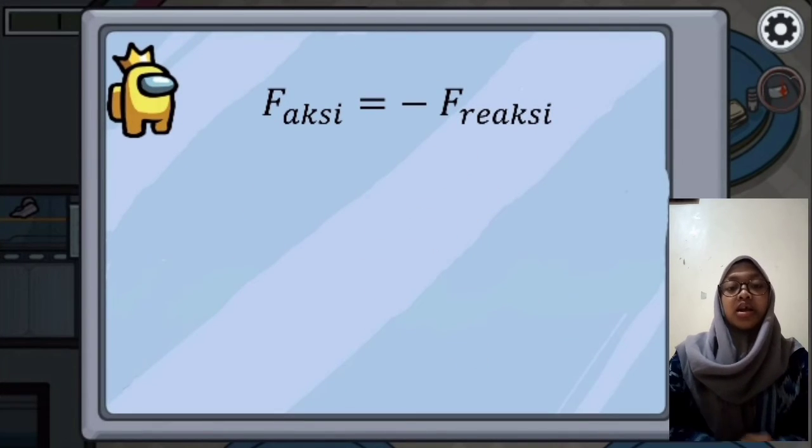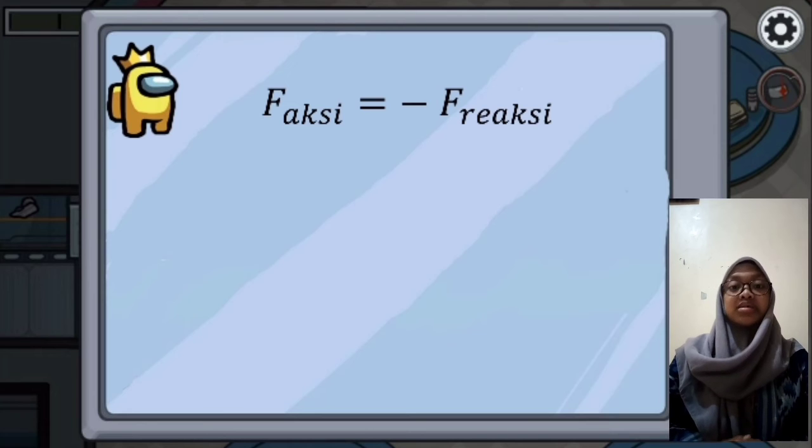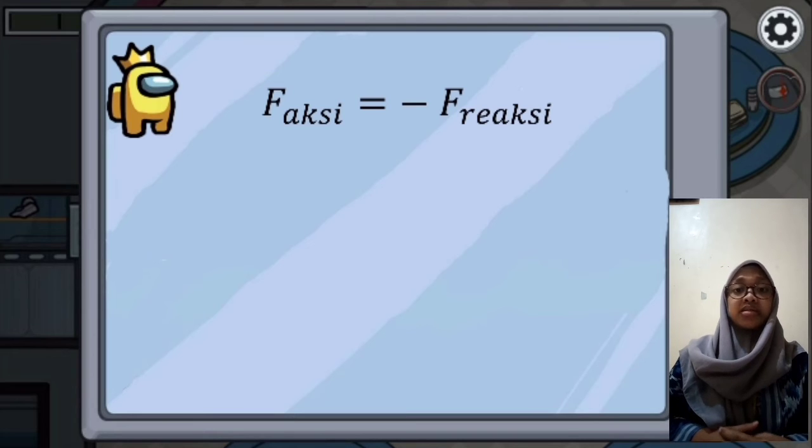Next, the formula of Newton's third law: F action equals negative F reaction. Newton's third law is also known as action-reaction, where action and reaction always occur together. This law illustrates the important nature of force, namely that force always occurs in pairs.